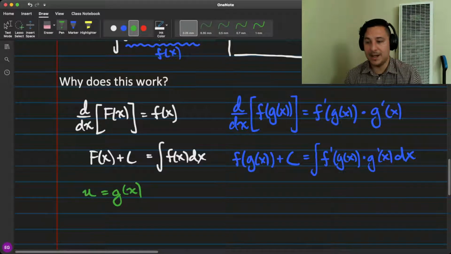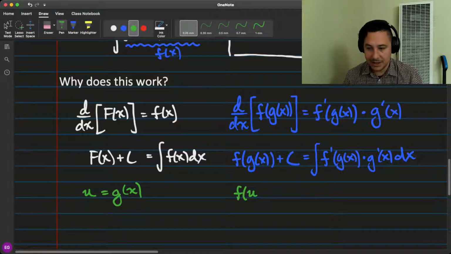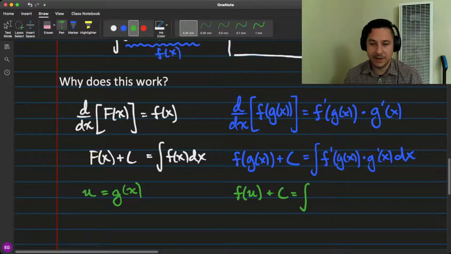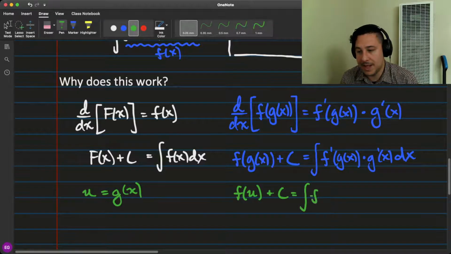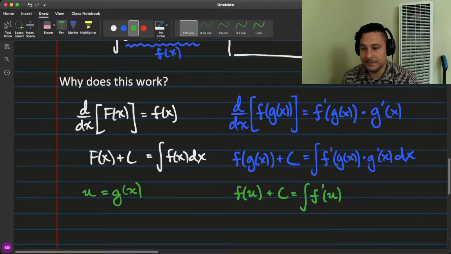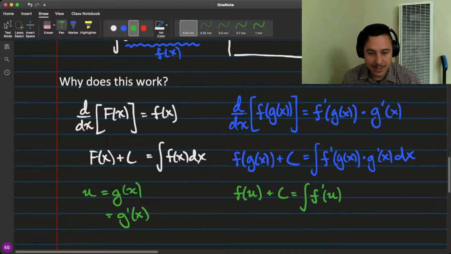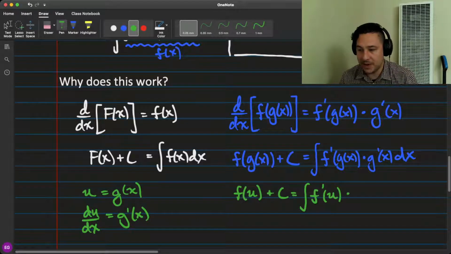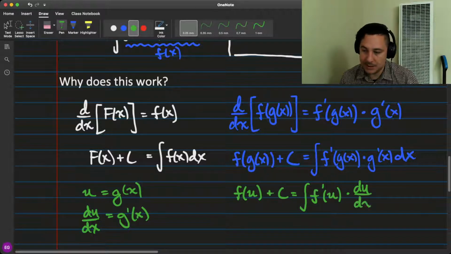So we're going to do some rewriting here. This f of g of x plus c is now equal to f of u plus c, because the g of x got replaced with u. This is now f prime of u. G prime is du dx, so we can replace g prime with du dx, and then we have our dx.